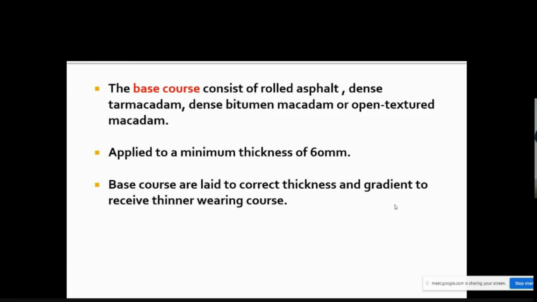Applied to a minimum thickness of 60 mm, base courses are laid to correct thickness and gradient to receive the thinner wearing course. Okay, this we will see in pictures shortly. So the minimum thickness is about 60 mm. And when they have this base course, it will level again, with a gradient.